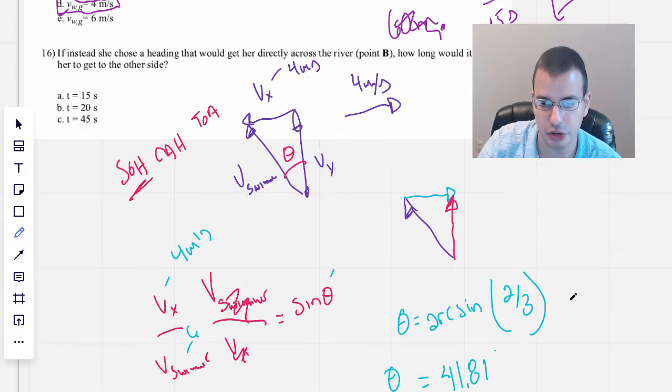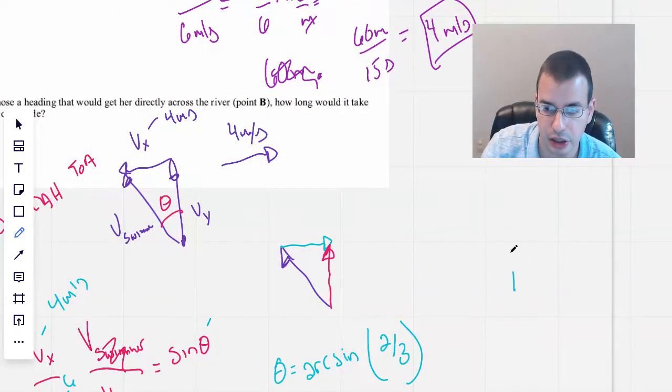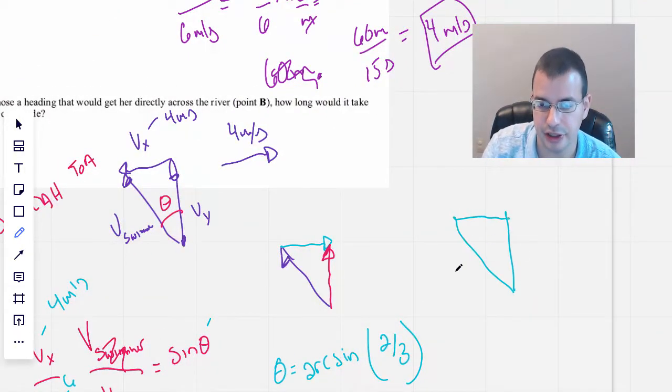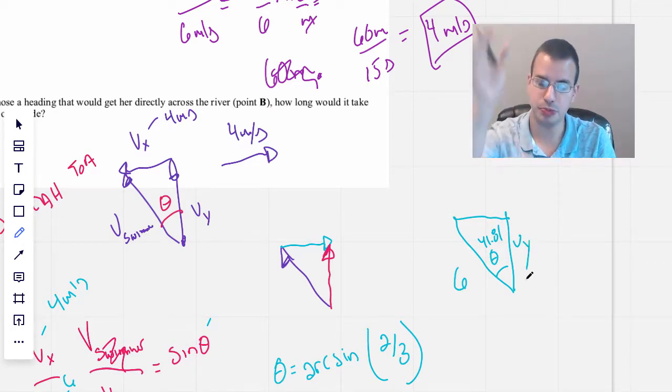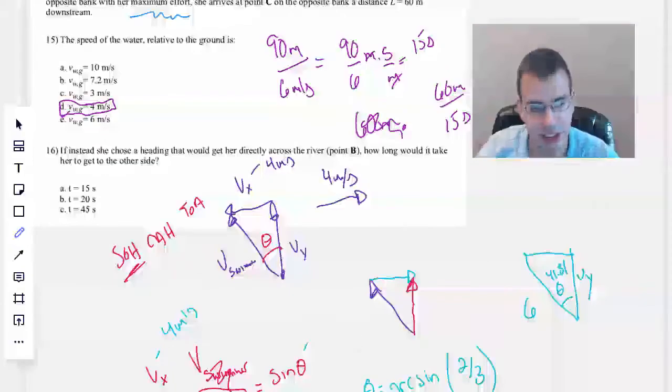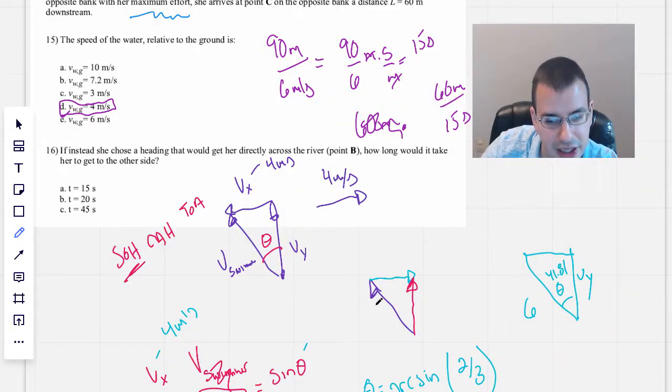So now if we look at our triangle again, we have 6 over here, and this theta is 41.81. And we want to know what Vy is. This is the speed of the swimmer directly across the lake. Let's go back to our SOHCAHTOA.